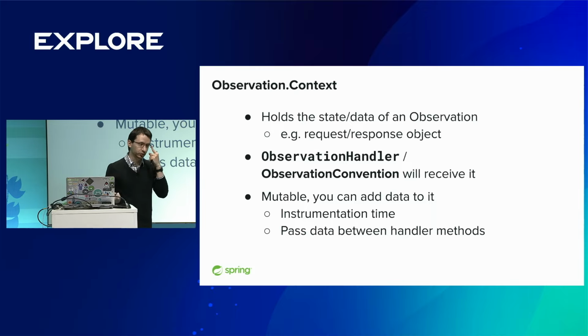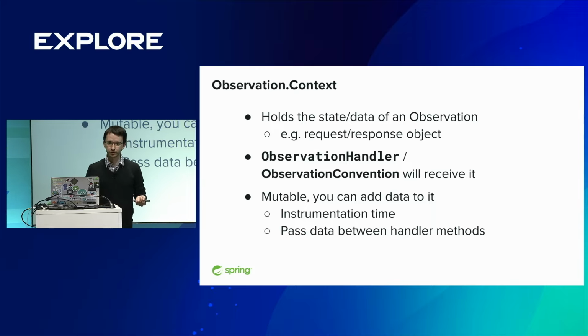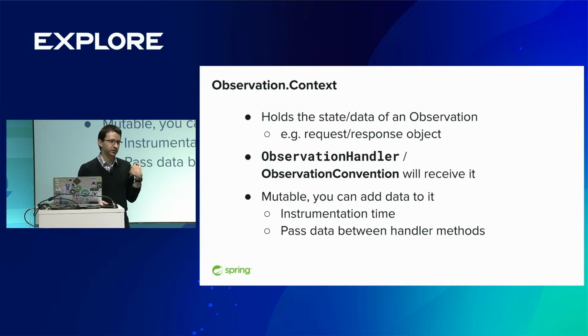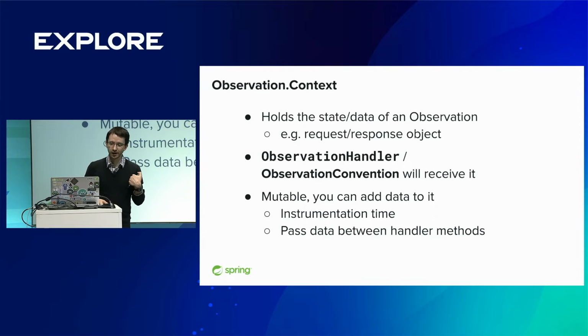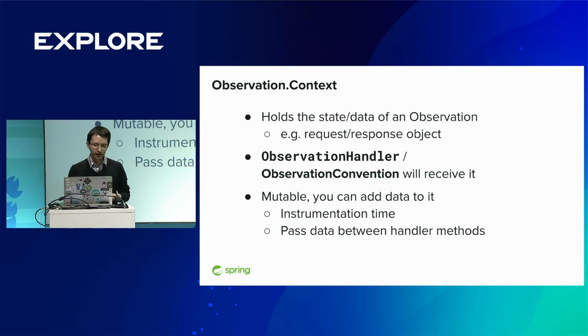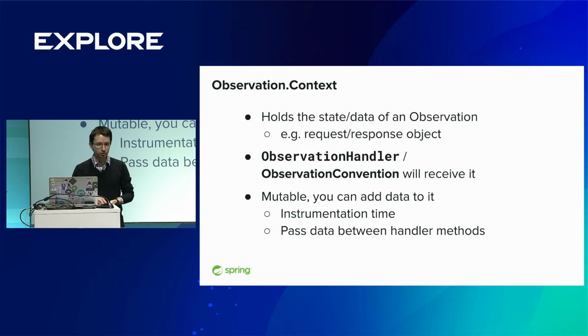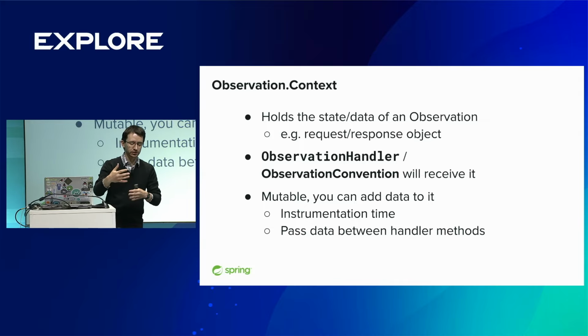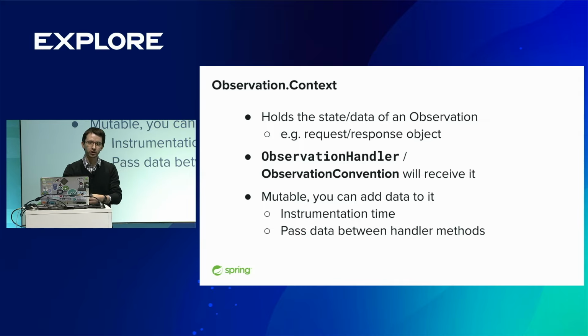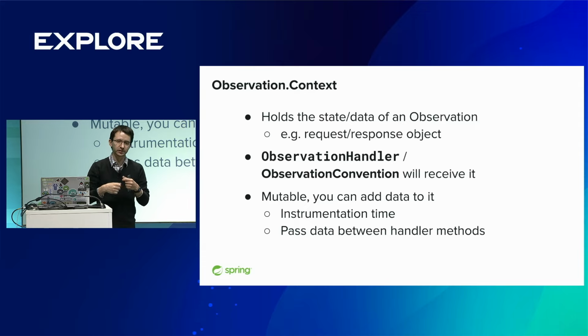For example, if you happen to instrument an HTTP client or server, this can contain the request and the response pairs. And the observation handler, as well as another component called observation convention, will receive it. So when you want to produce the output of the observability data, you can get every single bit that you need, or the instrumenter thought that you will need, from the context.